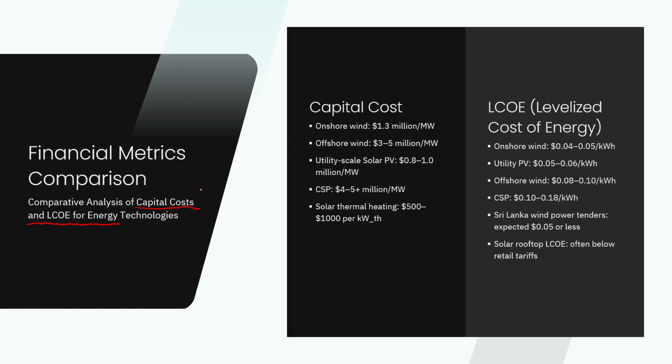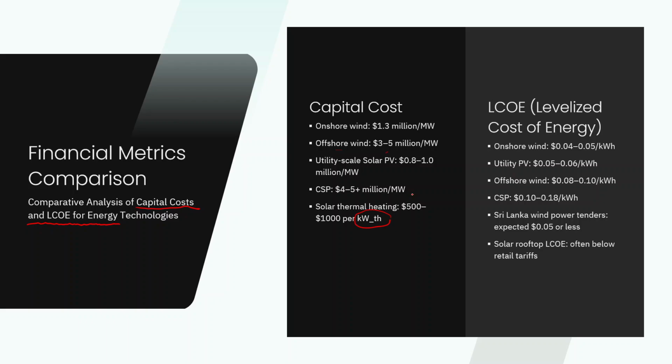If you look at the capital cost, onshore wind farms have about $1.3 million per megawatt, whereas offshore have about $3 to $5 million per megawatt, and utility scale PV systems have a capital cost of around $0.8 to $1 million per megawatt, whereas CSP has a little higher capital cost, $4 to $5 million per megawatt, and solar thermal systems have values somewhere like $500 to $1,000 per kilowatt thermal, right? Because we are talking about thermal energy here, not electrical energy.